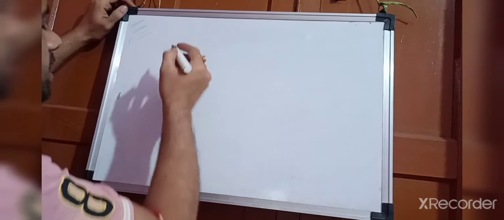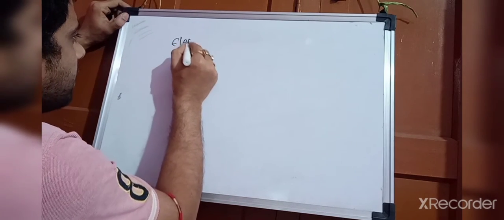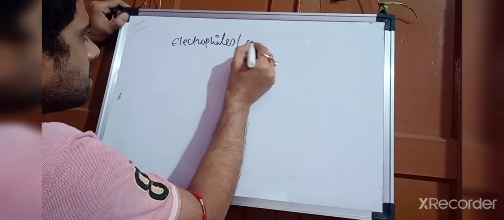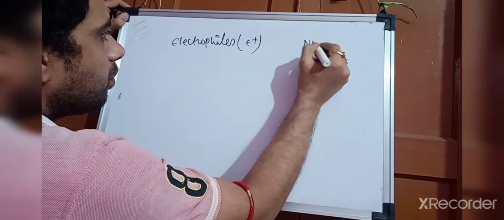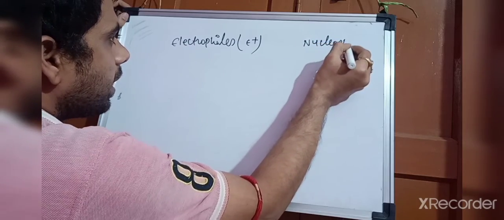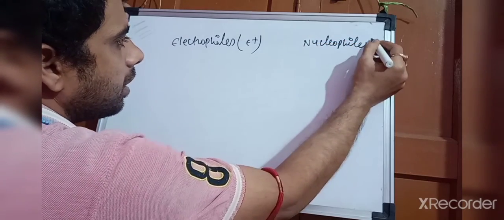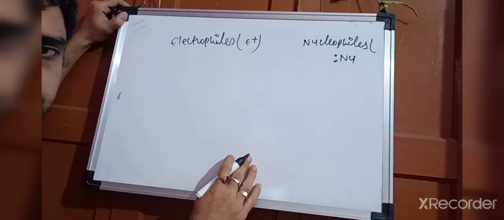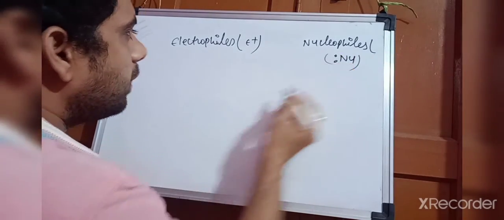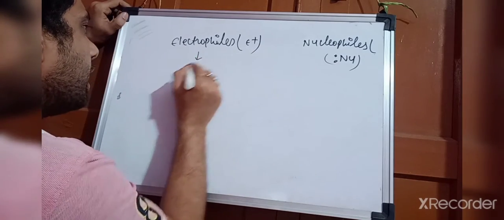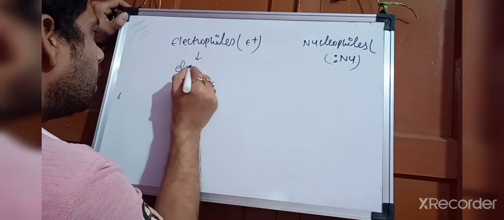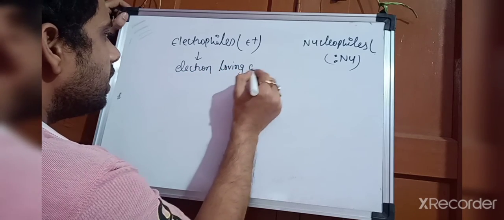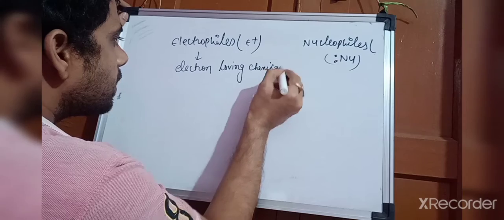So here we will see electrophiles and nucleophiles. Electrophiles means E positive, I have written. Nucleophiles, here I have written Nu. These electrophiles are electron-loving chemical species.